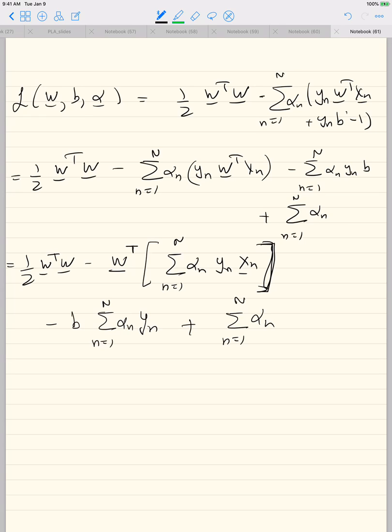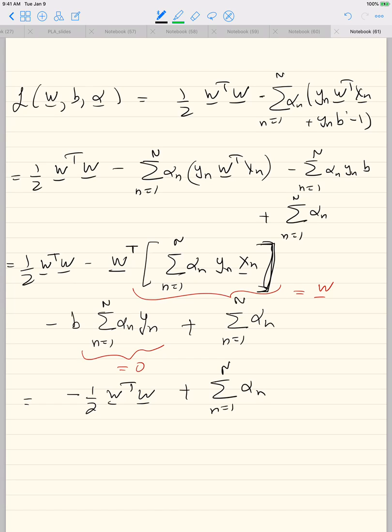We just showed from the previous page that this quantity here equals W and this quantity is 0. So if you substitute the two, what you get is minus half W transpose W plus the summation of n going from 1 to n of alpha n.